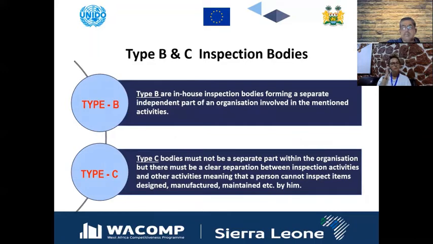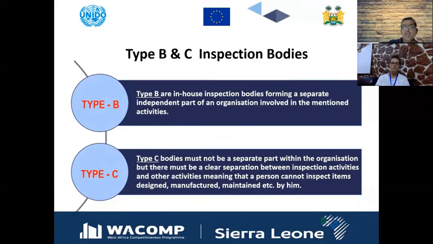Yes, there could be a type B inspection body. For example, if some farmer wants to develop their own inspection body to improve. He is a big farmer, or a big cooperative, or an industry, and they want to improve their system.